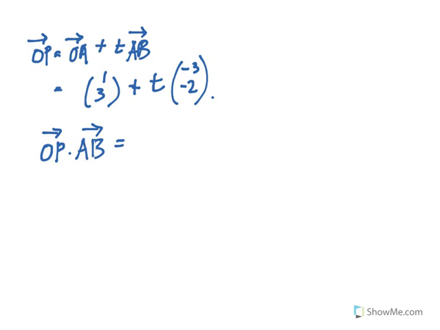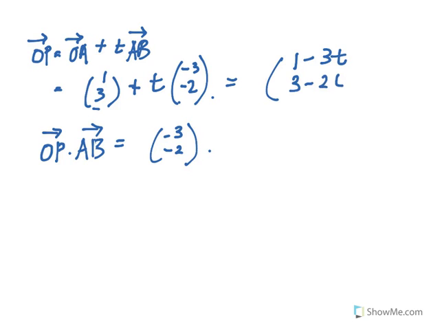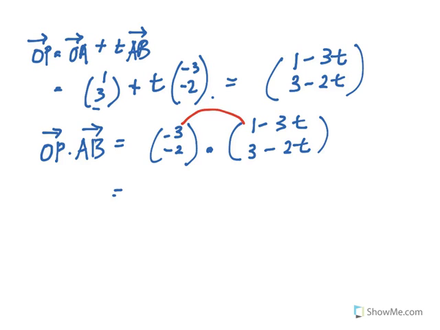This is AB, (-3, -2). OP we can write another way: as 1 minus 3t, 3 minus 2t, correct? So the scalar product is (1 - 3t, 3 - 2t) dotted with (-3, -2). So what's the scalar product now? We just take a look. Scalar product: first component multiplied with first component, second multiplied with second.